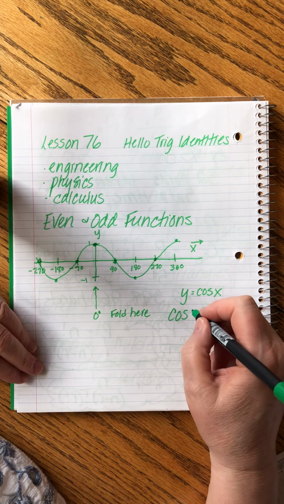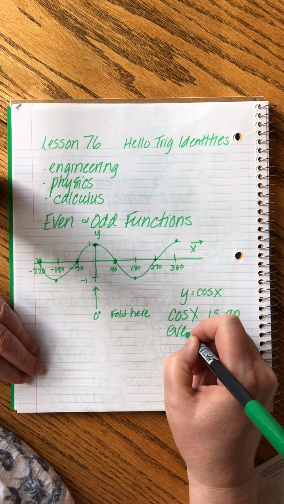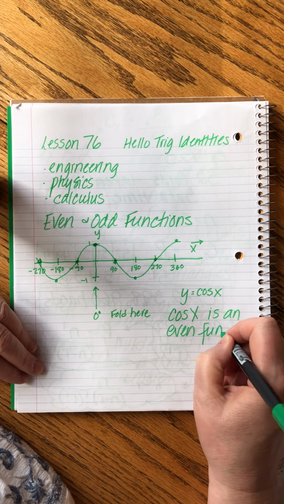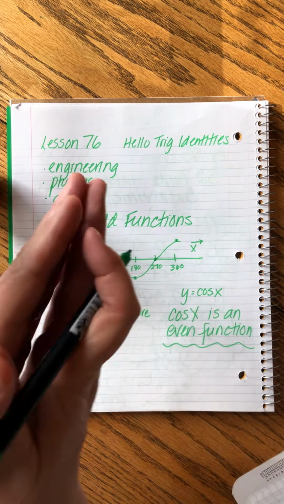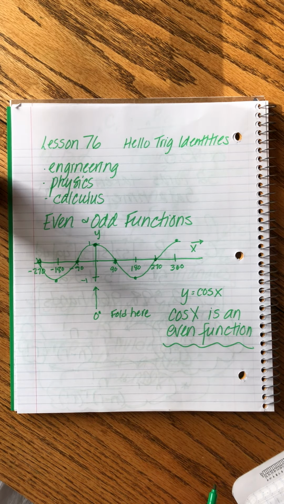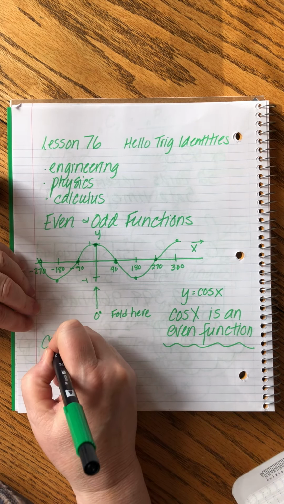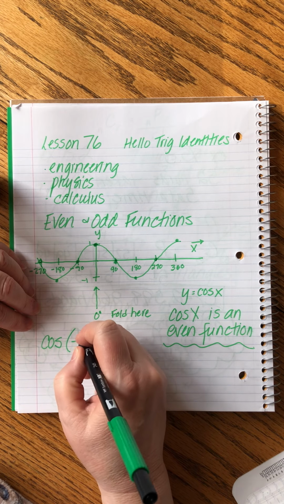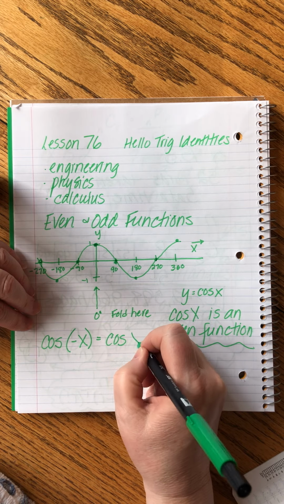So when this one folds, it mirrors itself perfectly, and we say that cosine of x is an even function. All right, it's even because when you fold it, it works out perfectly, and the other way we can say that is the cosine of minus x equals the cosine of x.